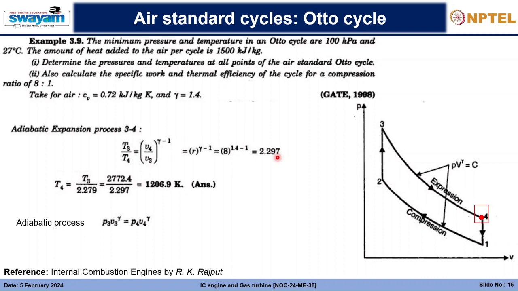Then for the adiabatic process, by similar means, V3 by V4 again comes into play, so that is 1 by 8 to the power 1 by 4, and that is 4.023 bar. So for points 2, 3, and 4, we have now calculated all the pressures and temperatures. This is how you will need to calculate all the pressures and temperatures.